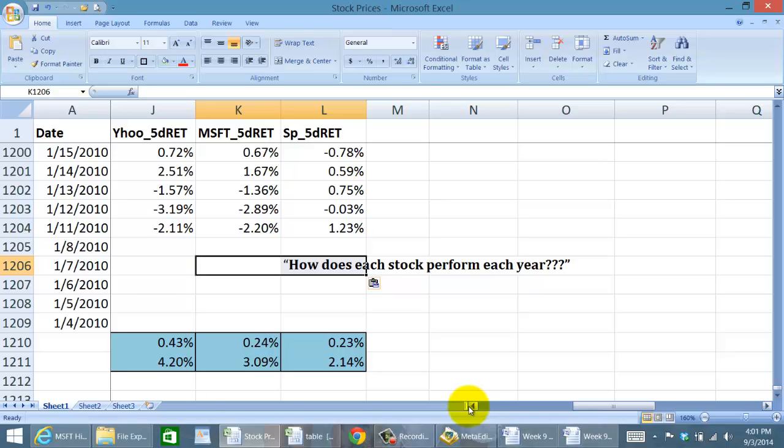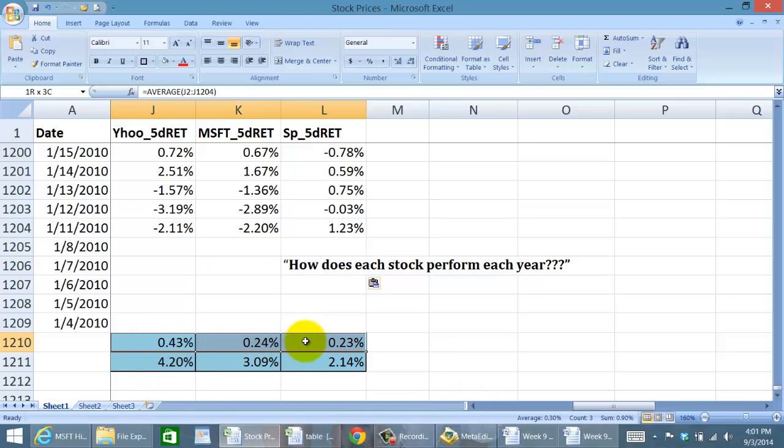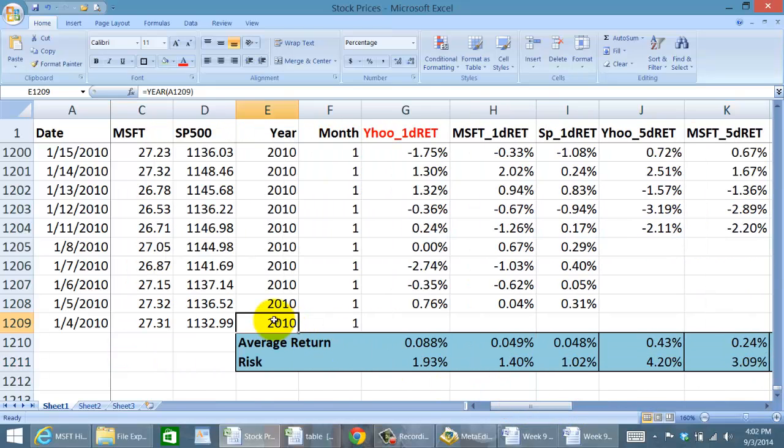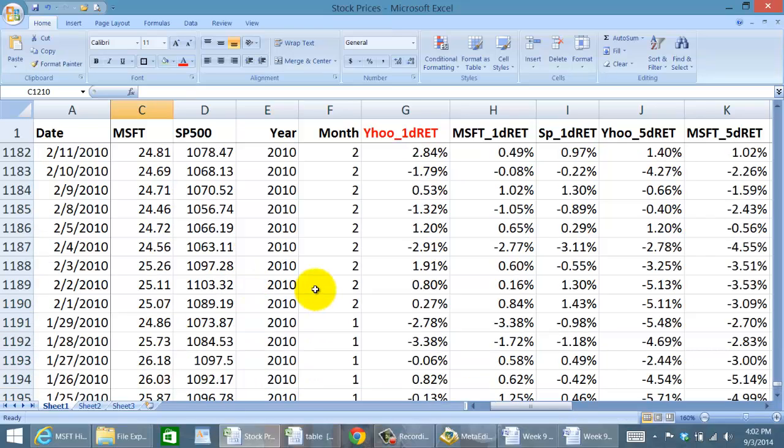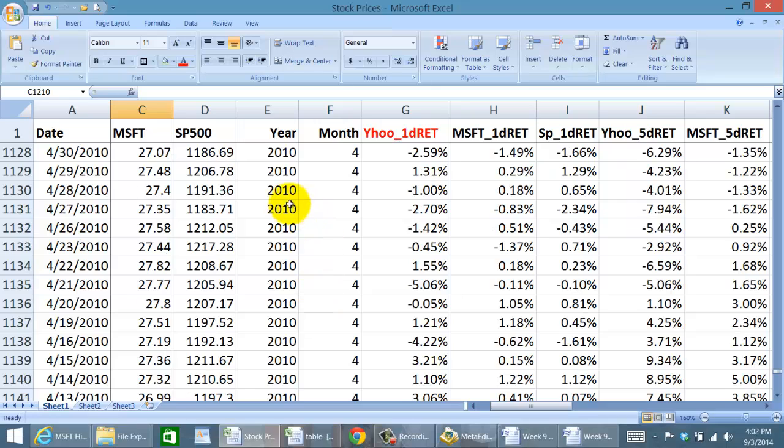It means that for each year you have to give people the average return together with the risk, in one row. So you can say, for the year 2010, the return is that much, risk is that much, and then in the year 2011 for Yahoo, here's the risk, here's the return.